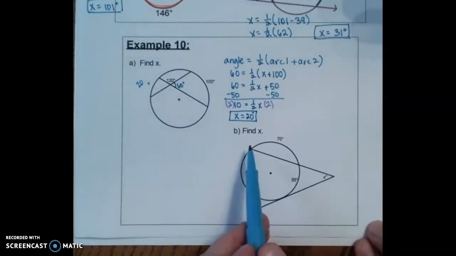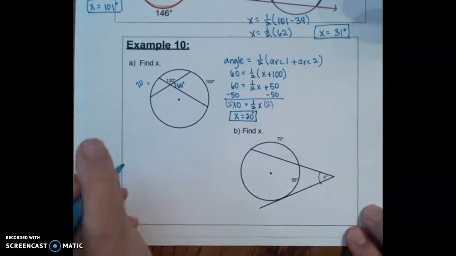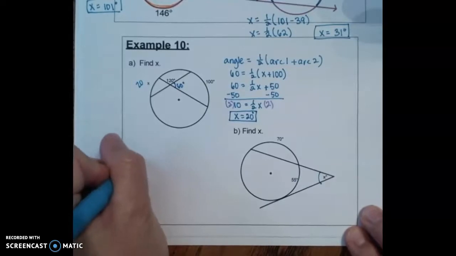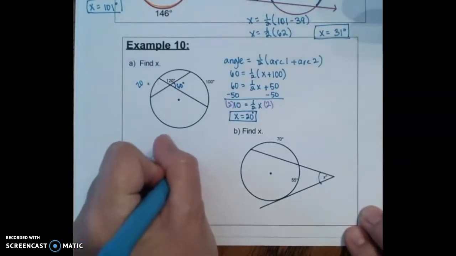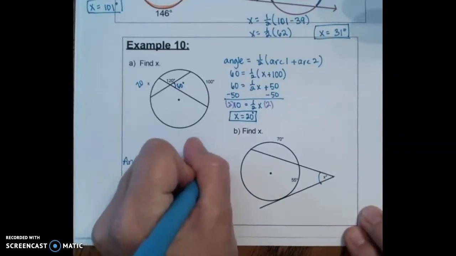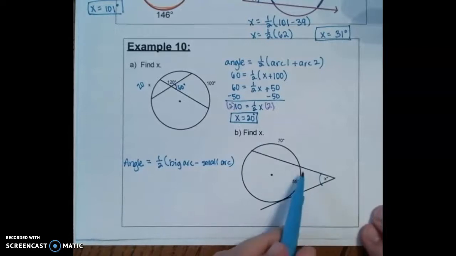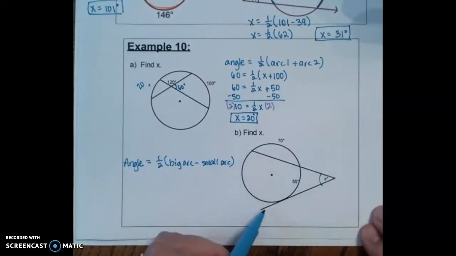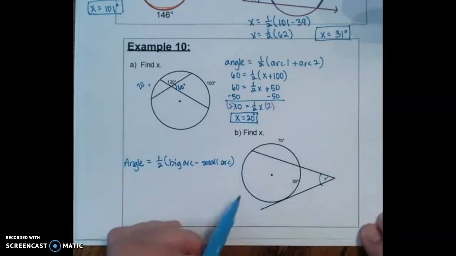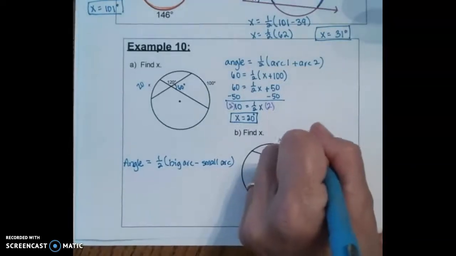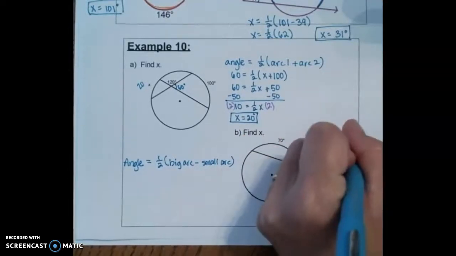So for B, it's asking us to find that outside angle. So angle equals 1/2 of big arc minus small arc. I know my small arc. The big arc's missing. But you know that there's 360 degrees in that total circle. So we're going to say 360 minus the 70 minus the 55.